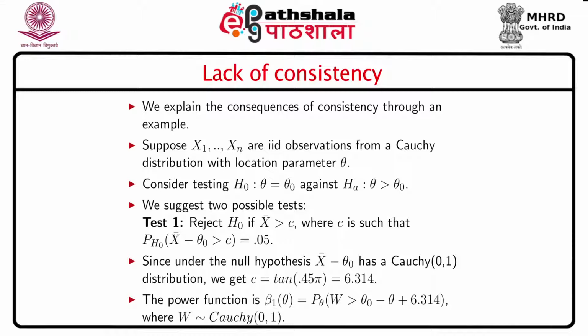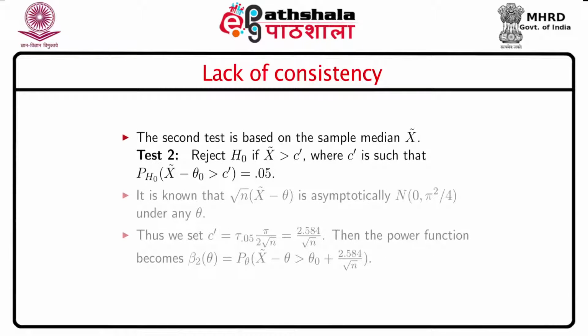However, the second test is based on the sample median X curl, and this test rejects the null hypothesis if the observed value of X curl minus theta naught exceeds some c dash, where c dash is as usual calculated from the size condition. That is, c dash is such that probability that X curl minus theta naught exceeds c dash under the null hypothesis is 0.05.